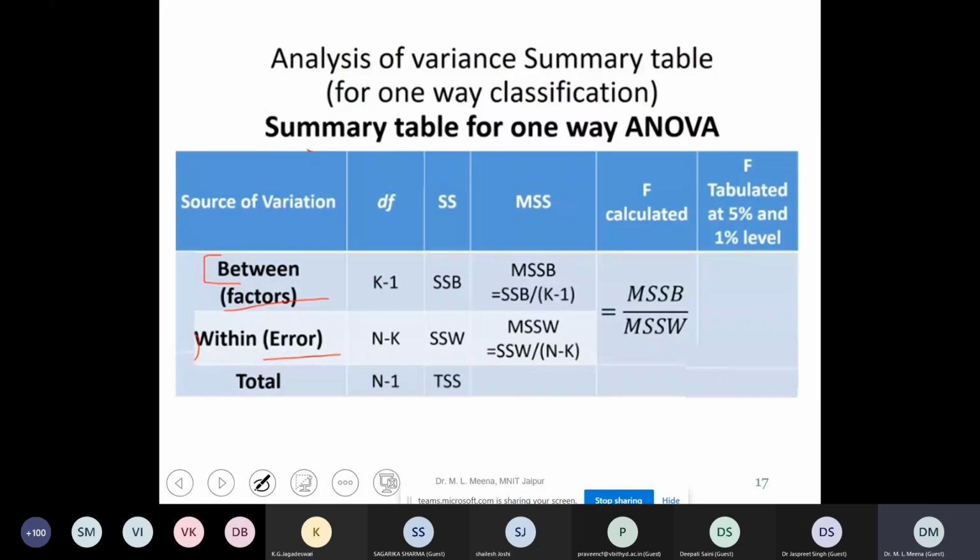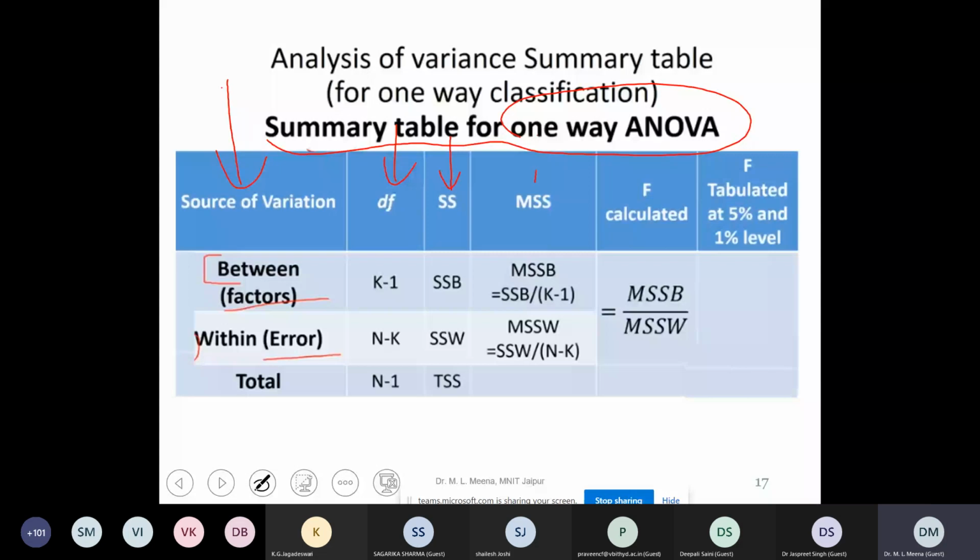So this is the procedure of one-way ANOVA. This is the summary table for one way. In this table, the first column shows the source of variation, the second column degree of freedom, the third sum of square, the fourth mean sum of square, and the last the calculated F value.